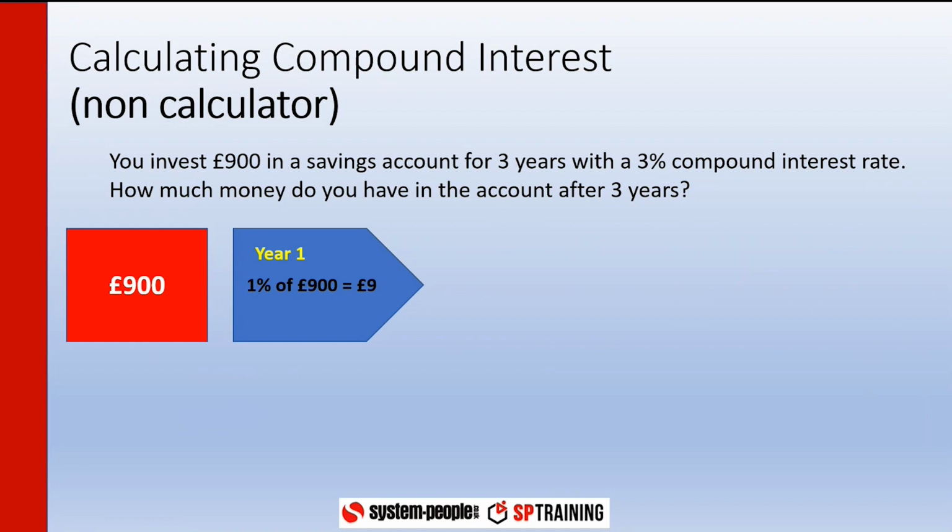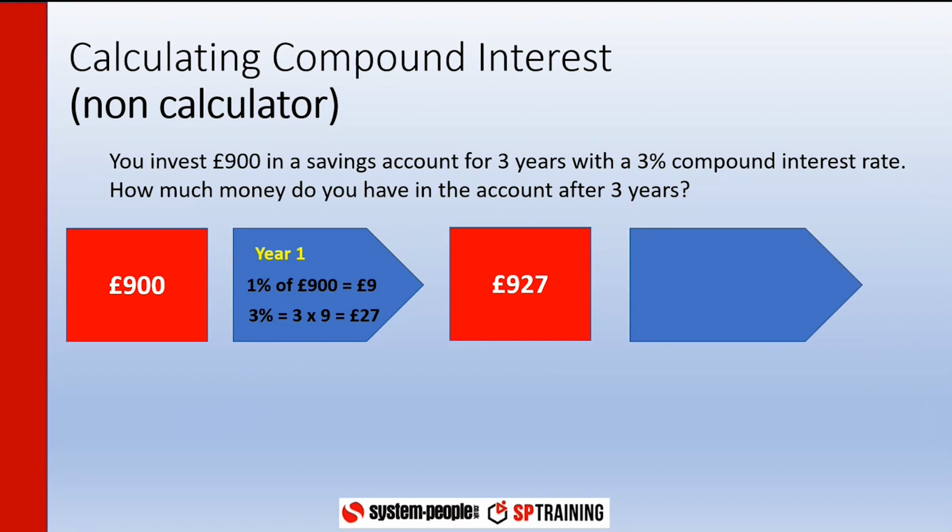So for 3%, we can multiply that by 3 to get £27. So 3% of £900 is £27. So at the end of year 1, we now have £927.